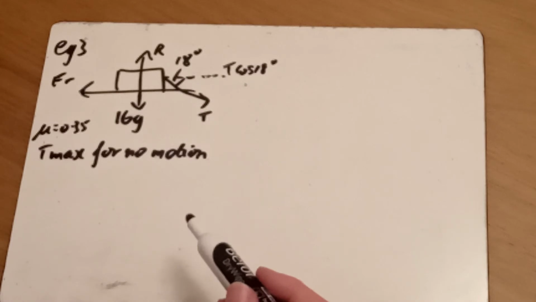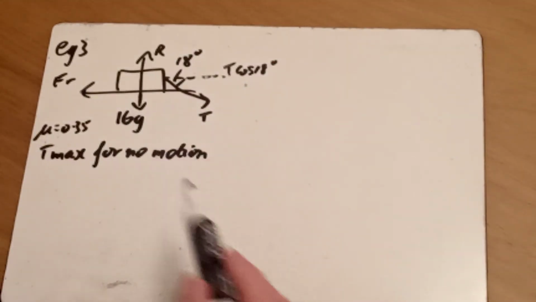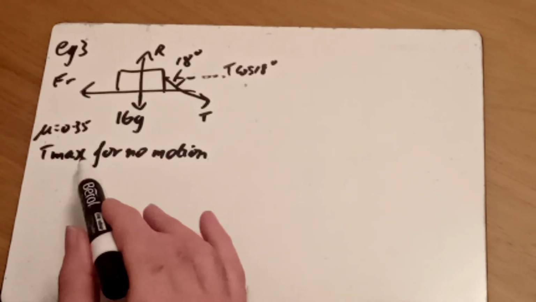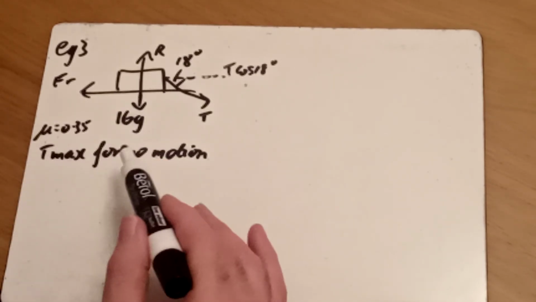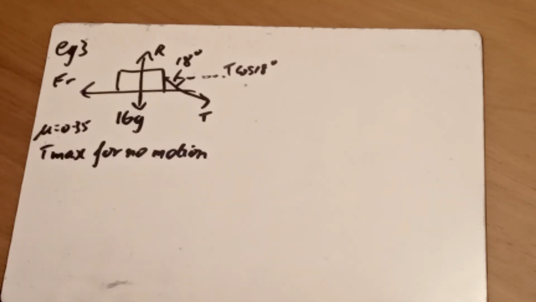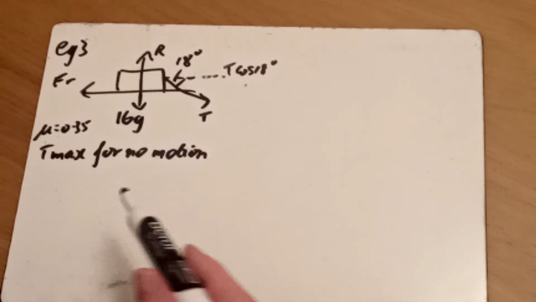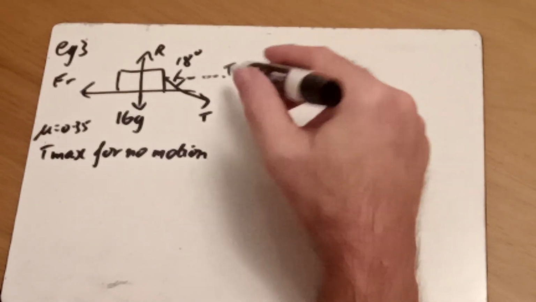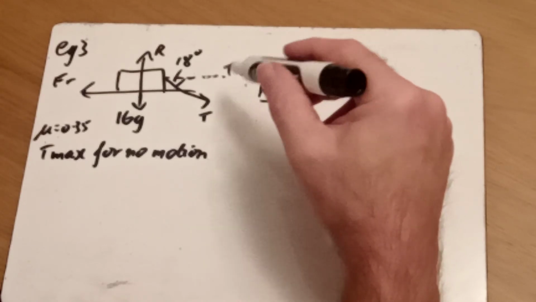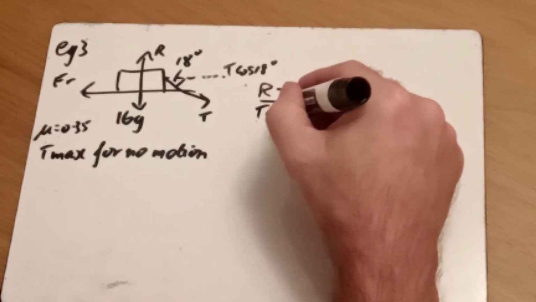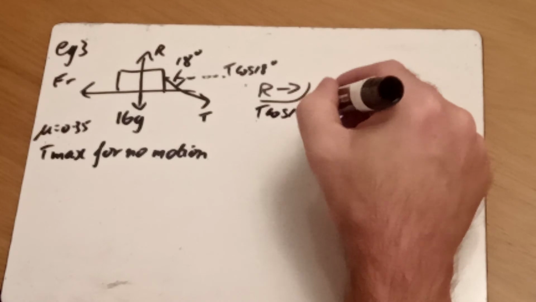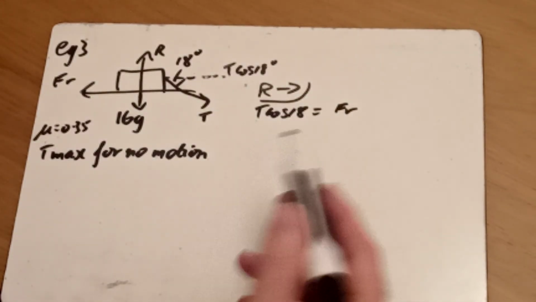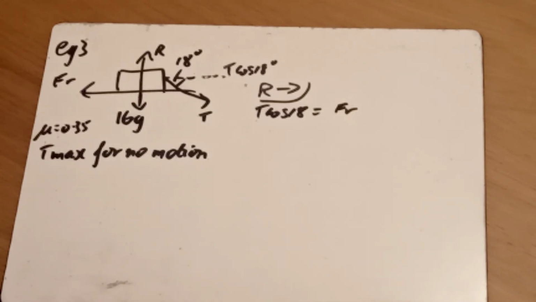And how it's going to go is this. When I resolve in both directions, horizontally and vertically, I'm going to have T appearing in each one. Because I'm after the maximum value of T, I can use friction equals mu R in this case here. If I resolve horizontally, I know that this way I've got T cos 18, and the other way I've got friction. So I can't solve it to find either friction or T at the moment.